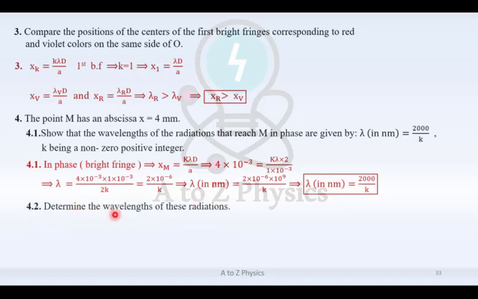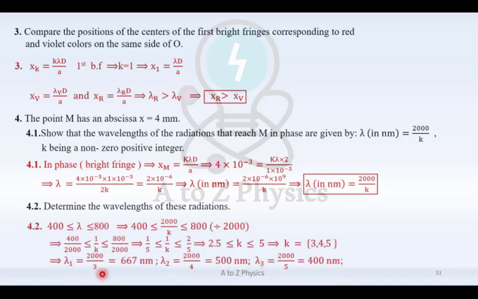4.2. Determine the wavelengths of these radiation. Note the wavelengths of the visible light or of the white light are between 400 nanometer and 800 nanometer. So 2000 over k is greater than or equal to 400 and less than or equal to 800.